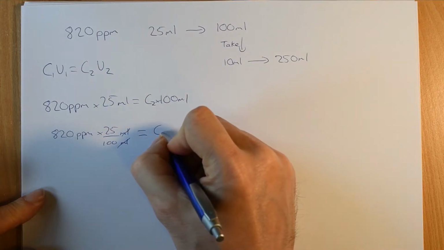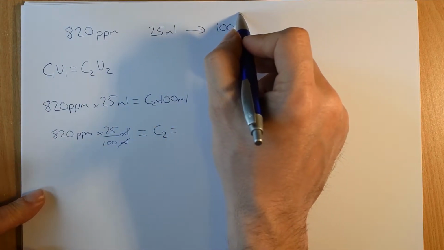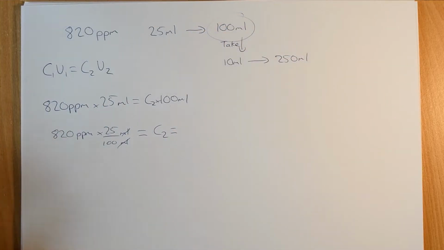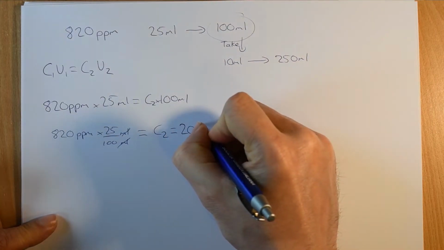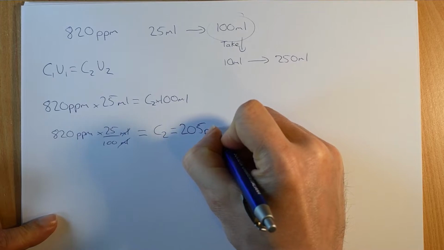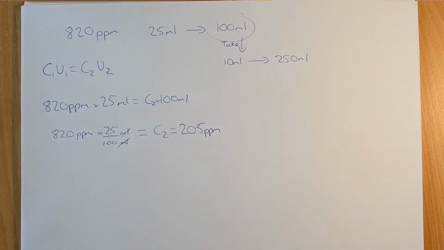That is equal to our new concentration. 820 multiplied by 25 divided by 100 gives you 205 ppm.